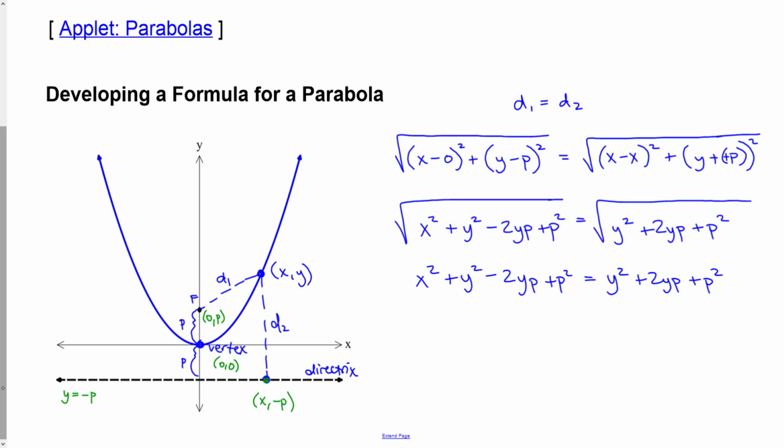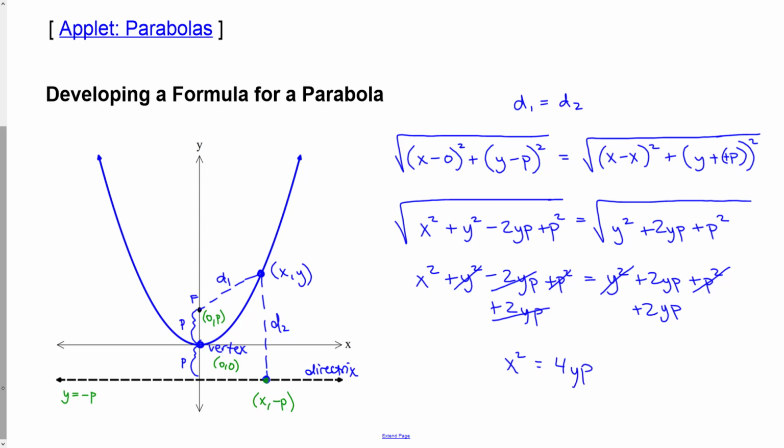If I subtract p squared from both sides, they cancel. If I subtract y squared from both sides, they cancel. Now, the 2yp's will not cancel because they're opposite in sign. So let's add 2yp to both sides. Then I end up canceling it here, and I get x squared equals 4yp. Sorry, I wrote 2, but it's 4yp.